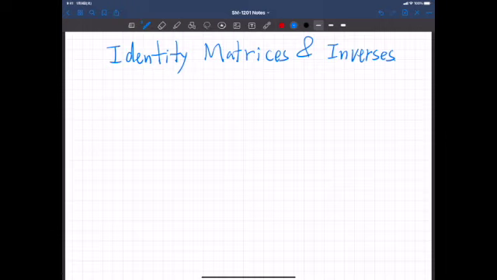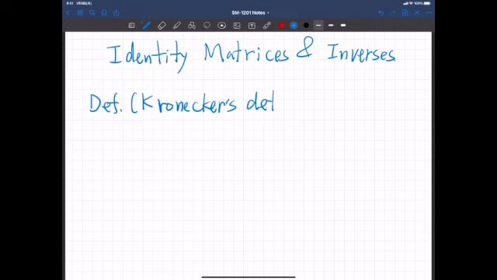Next, we study identity matrices and matrix inverses. But first, let us introduce a convenient notation called Kronecker's delta. Kronecker was a German mathematician of, I think, the 19th century.